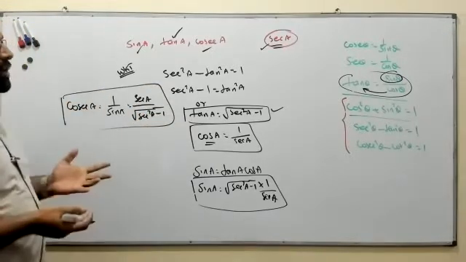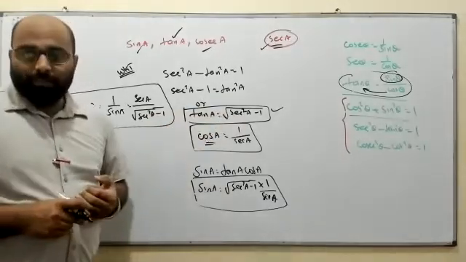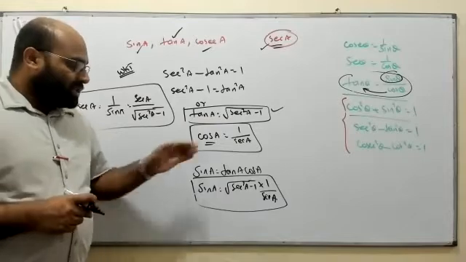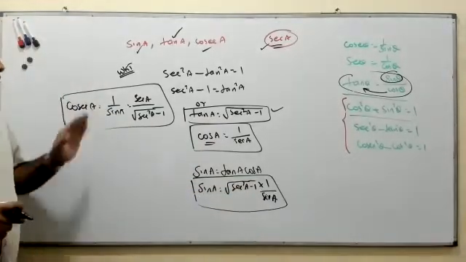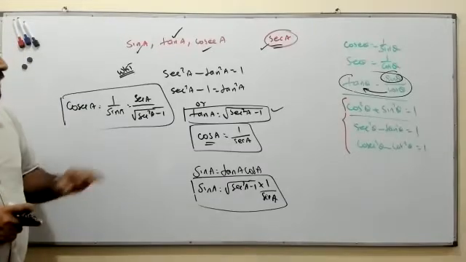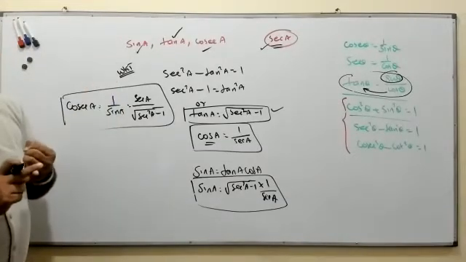So everything we got: tan A in terms of sec, cos A in terms of sec, sine also in terms of sec, and cosec also in terms of sec. Now is anything remaining apart from sine, cos, tan?